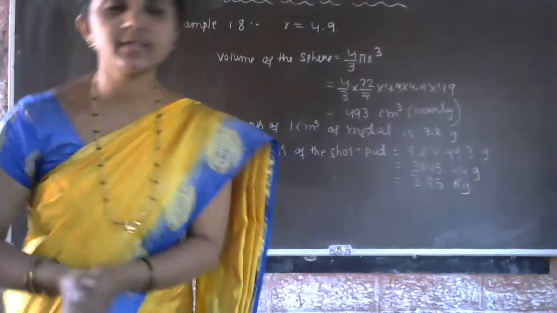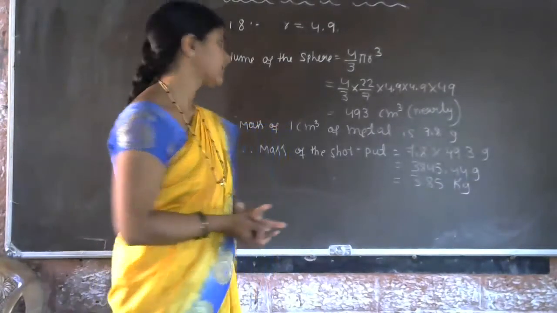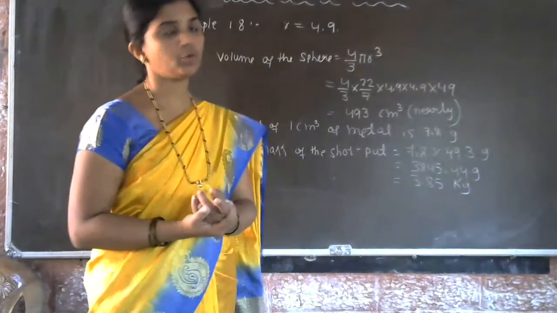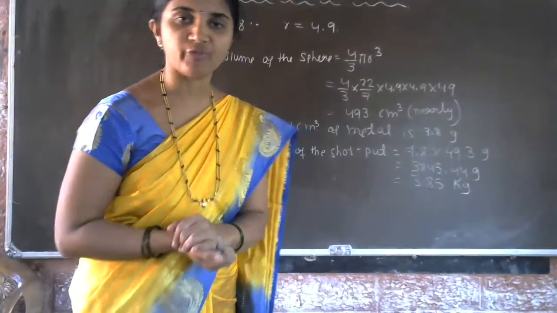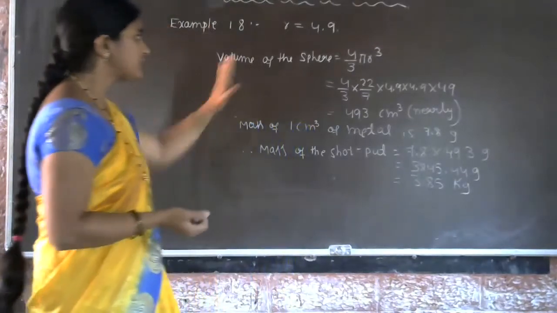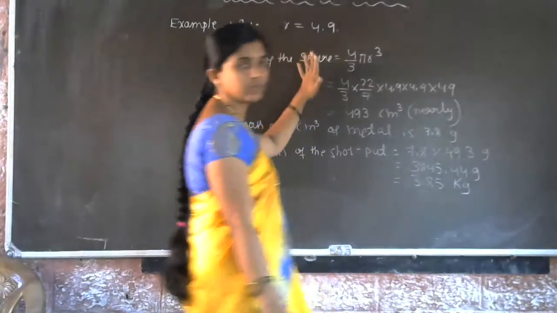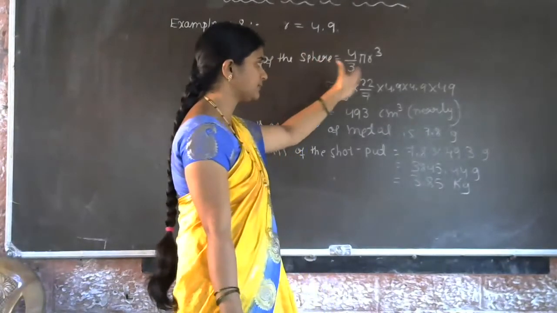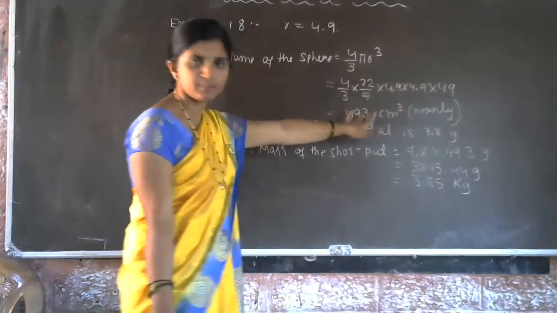Look at this example 18. Radius 4.9 is given, and the mass of 1 centimeter cube of metal is 7.8 gram. We have to find the mass of the shot put. For that, first we find the volume of the sphere, 4 by 3 pi r cube. Substitute the values 4 by 3, 22 by 7, 4.9, 4.9, 4.9, then simplify.